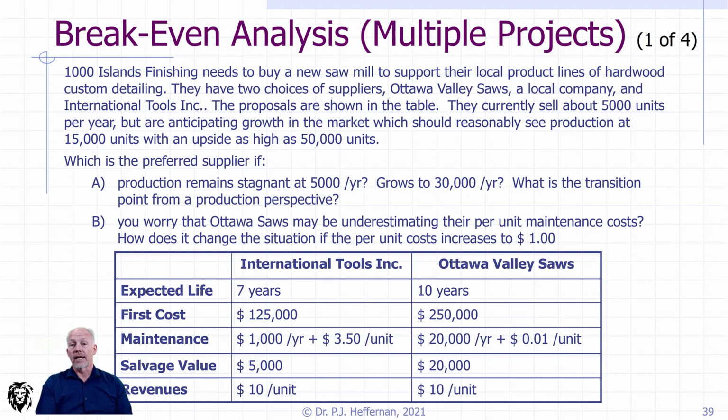There's some concern that if it isn't that low, we'd be making a decision right now based on a parameter which is not achieved, and whether that would change our decision going in. So we want to look at the per unit cost for Ottawa Valley Saws and see how our decision might change if it goes from 1 cent per unit up to as much as $1 per unit.